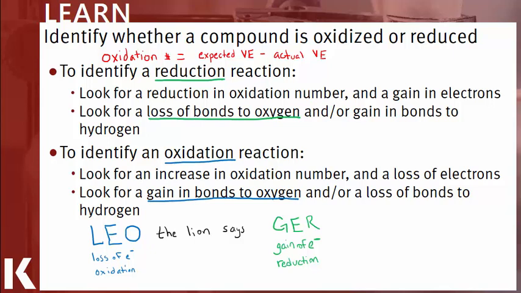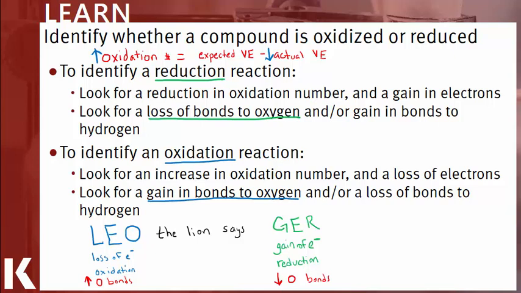Rewording that statement, the actual number of valence electrons in carbon will decrease with each additional bond to an oxygen, resulting in the oxidation number increasing. So oxidation occurs when there is an increase in the number of oxygens bonded to the carbon, and the opposite trend holds true as well. Reduction is a decrease in the number of carbon-oxygen bonds when you compare that same carbon of interest between the reactant and the product.